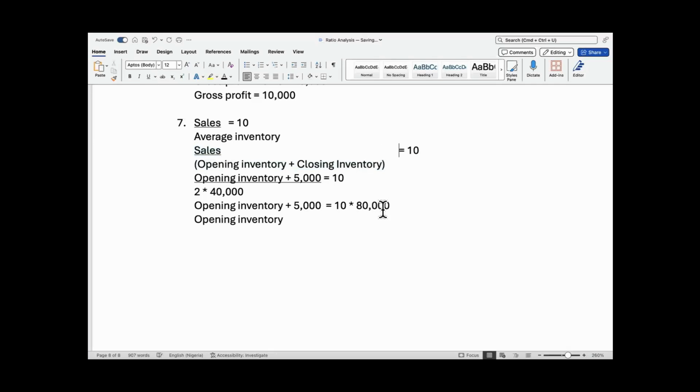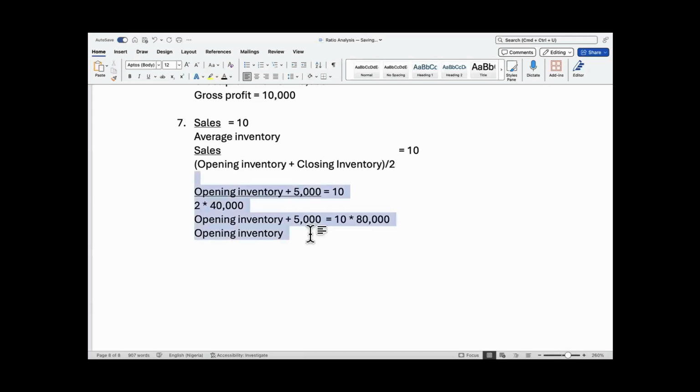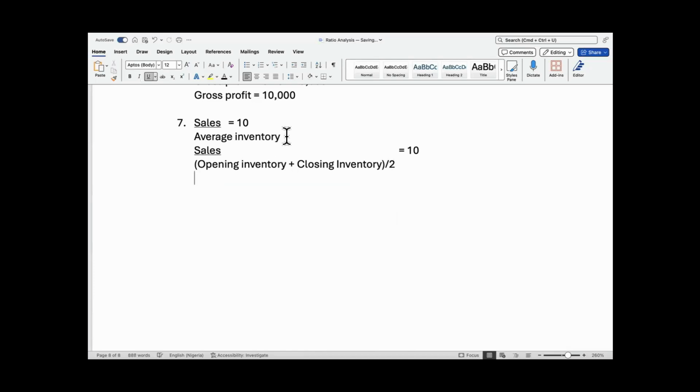So in this case now, divided by 2. So everything will change. Okay. So this is like opening inventory plus closing inventory divided by 2.